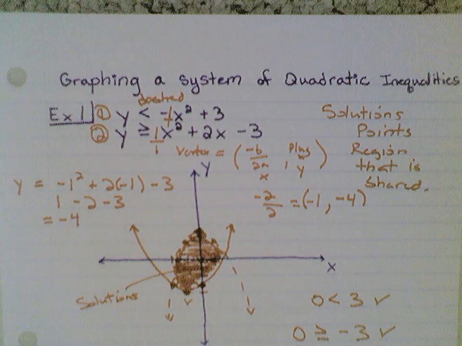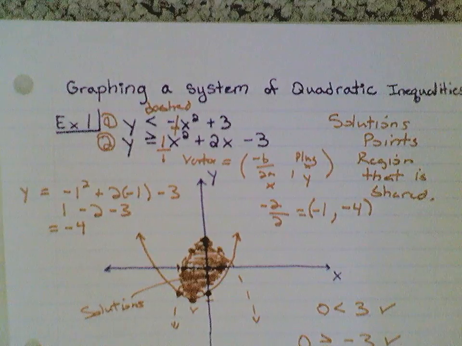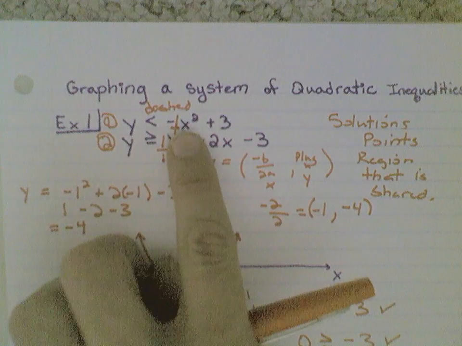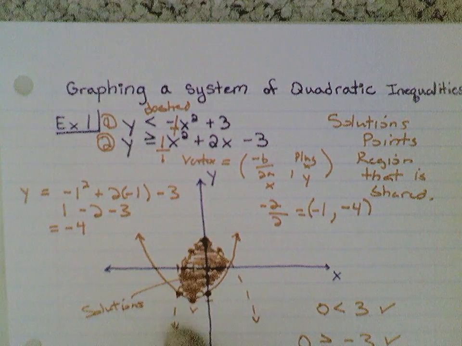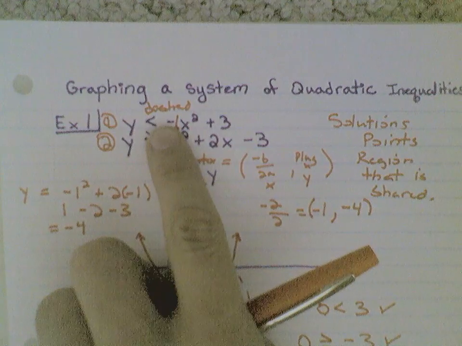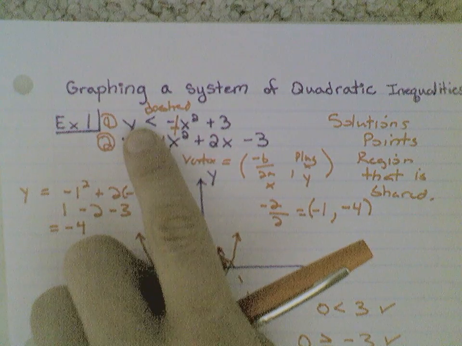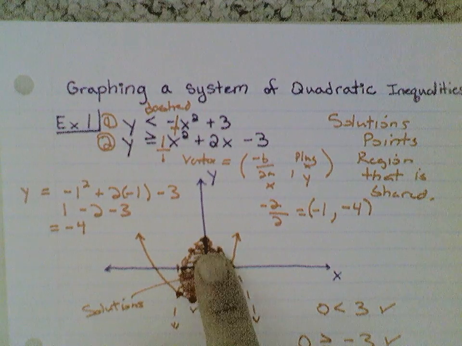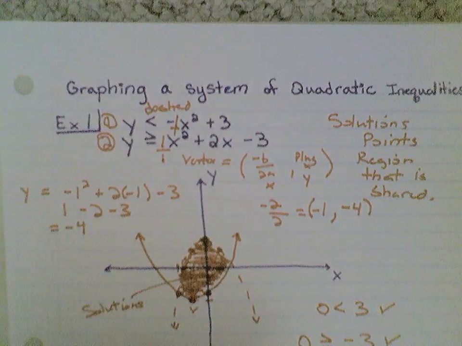Now, one other way you can find the region that you need to shade in is this: the first line that I graphed was a dashed line going down. Notice it doesn't have an equal to sign, and it's all the y values that are less than the equation, so I'm shading in the lower half.